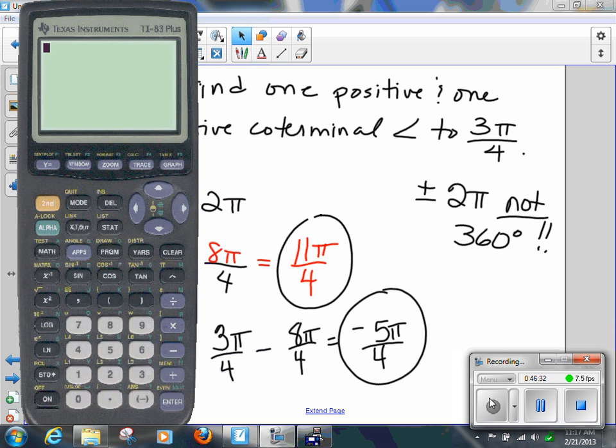Even if I just wanted to go 3/4 minus 2, I don't want to think about what over 4. 3/4 minus 2, that's 3/4 pi minus 2 pi. Ooh, yuck, decimals are the devil. Math frac it. Hello, negative 5 pi over 4.